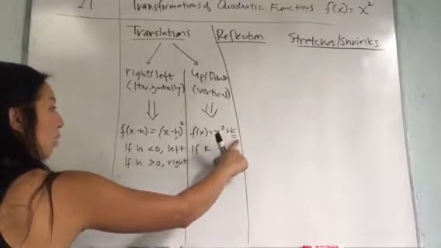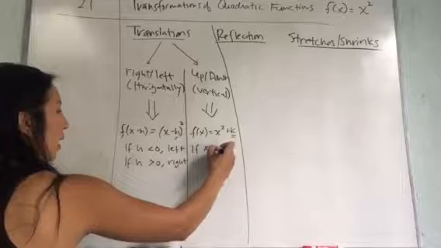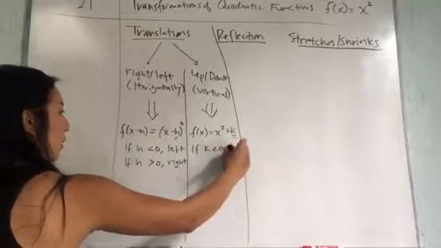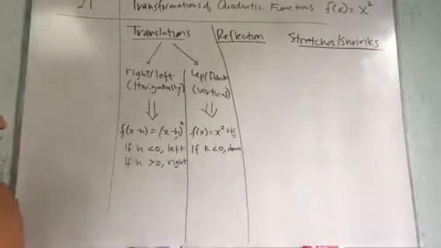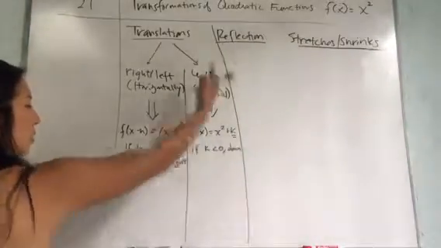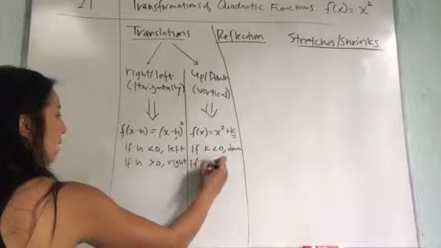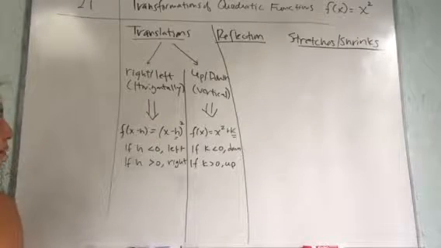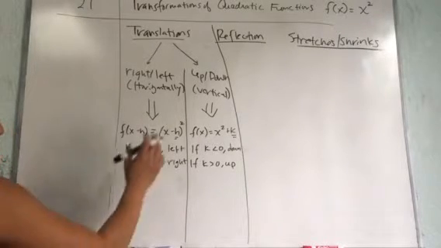So if it was x squared minus 1, it would move it down. But if k is positive, like x squared plus 10, it would move it 10 units up. So that's pretty much it for a vertical shift.